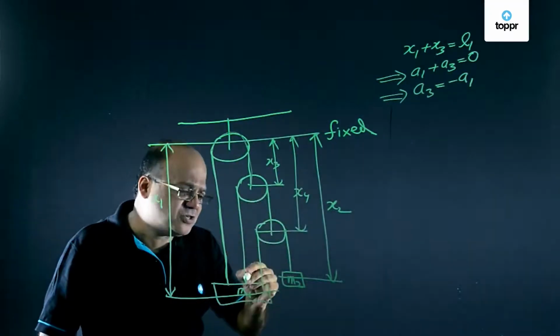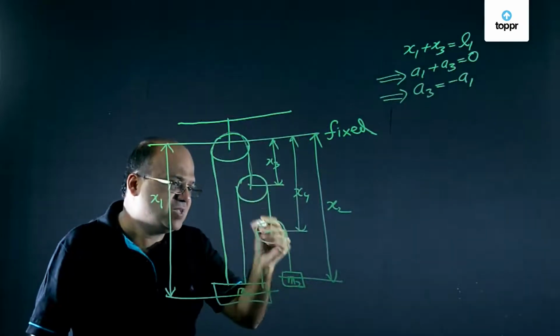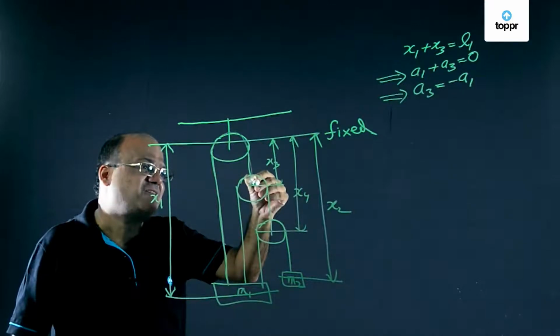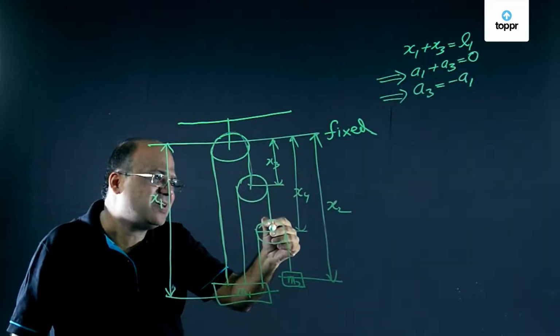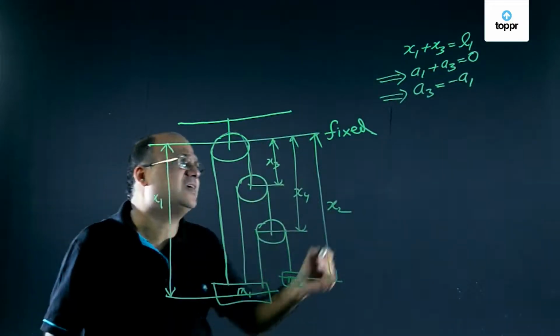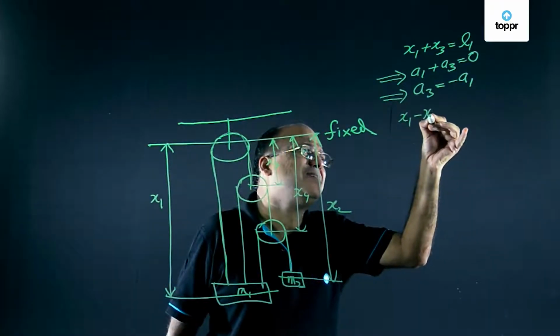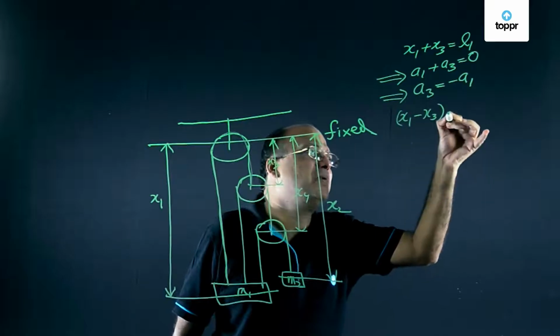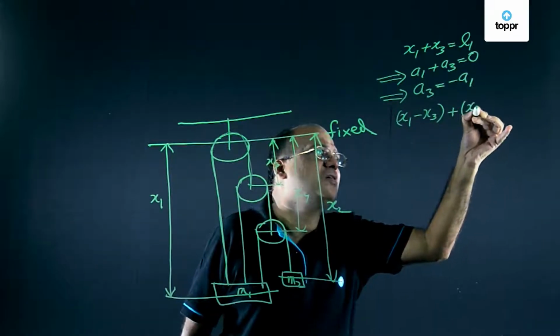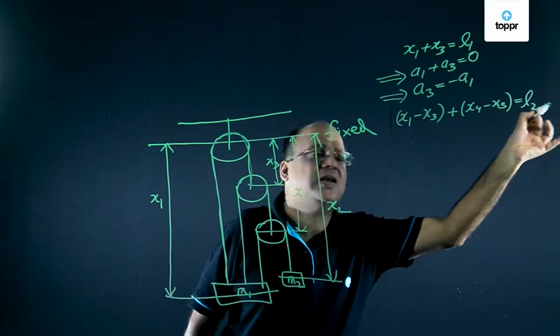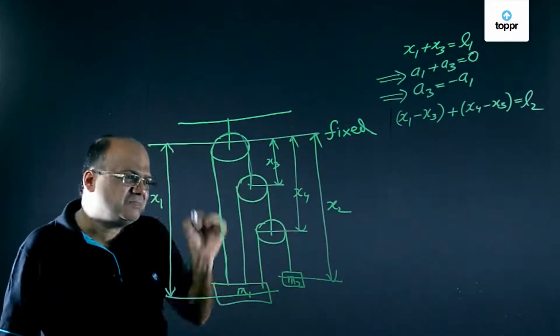Now look at the second string, this string. This left hand side is x1 minus x3, and this right hand side is x4 minus x3. So for this the equation is x1 minus x3 plus x4 minus x3 is equal to L2, length of that string.